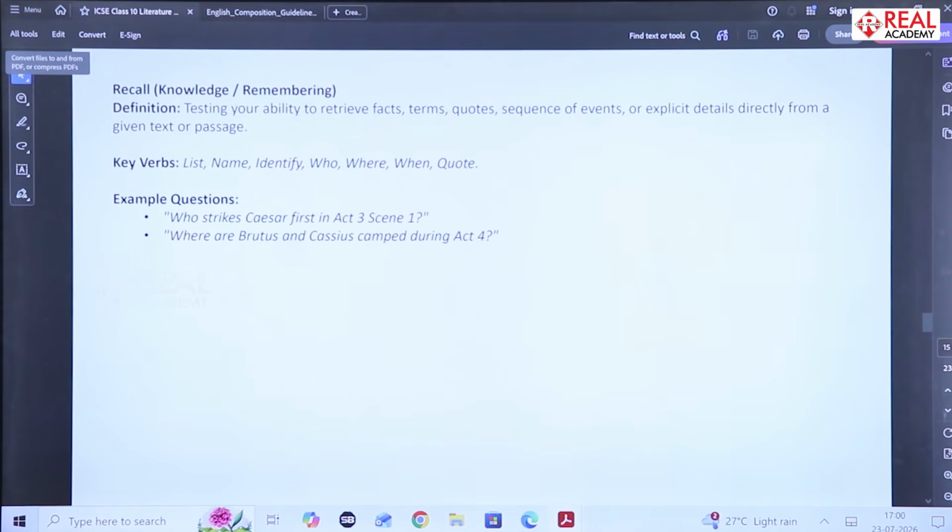Recall means knowledge or remembering, testing your ability to retrieve facts, terms, quotes, sequence of events, or explicit details directly from the given text or passage. Key verbs: list, name, identify, who, where, when, quote. Example questions: Who strikes Caesar first in Act 3, Scene 1? Where are Brutus and Cassius camped during Act 4?